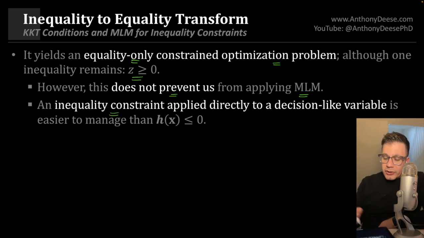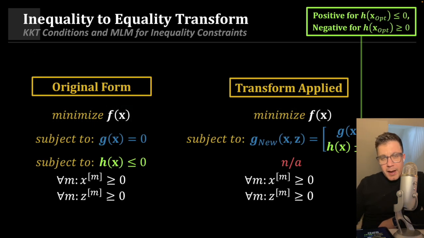An inequality constraint applied directly to a decision variable, which z is one of, is easier to manage than h of x less than or equal to 0. And we'll see that's the case when we look at the use of the linear programming function in MATLAB.